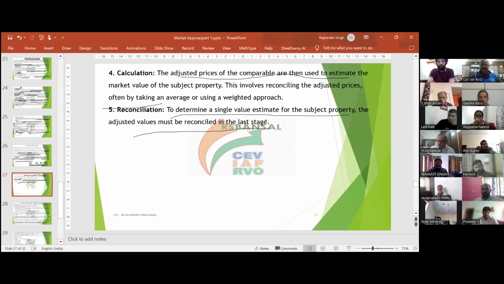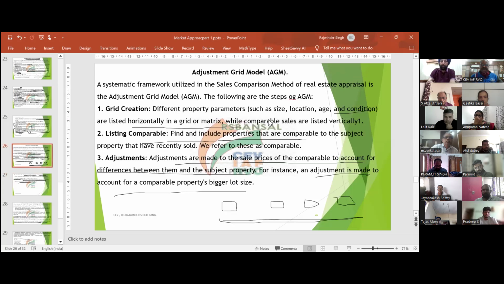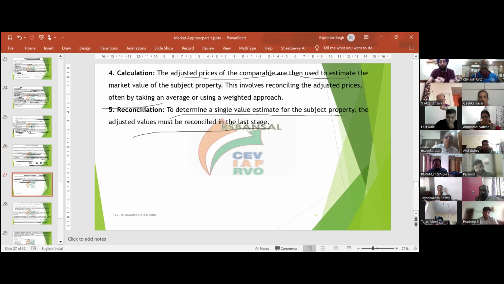As of now, you must understand the steps. The first step is to create the grid, then list comparables, then do adjustments, then do calculation, and then reconcile the value. These are the 5 steps in an adjustment grid model.